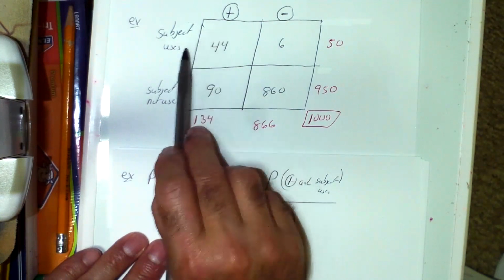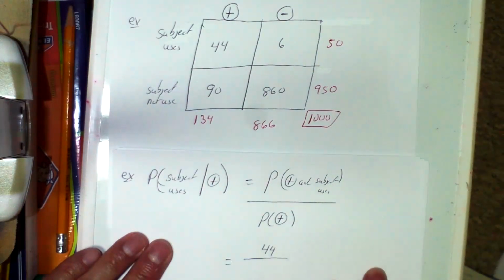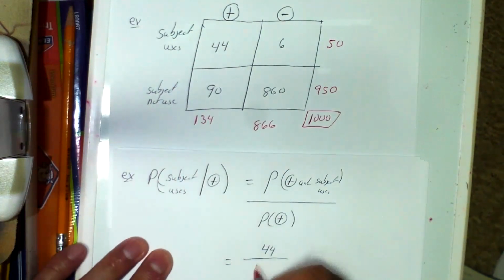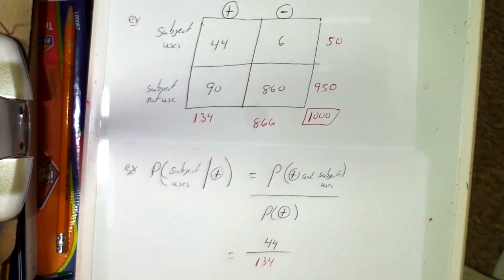That's 44 divided by the subtotal of the plus, a column category, which is 134. You compute it, change it to a decimal, and round to 3 places. So 44 divided by 134 is 0.328.